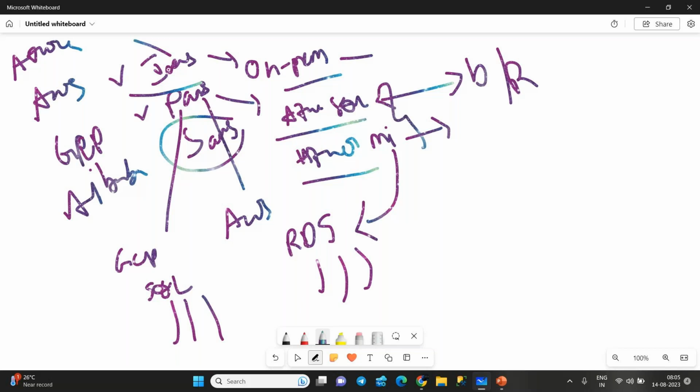But when you go to PaaS, we don't have any control on the operating system. Means you don't have access to the operating system, sir. You just deploy the service, you access the service, you focus on your service, and you focus on your data.